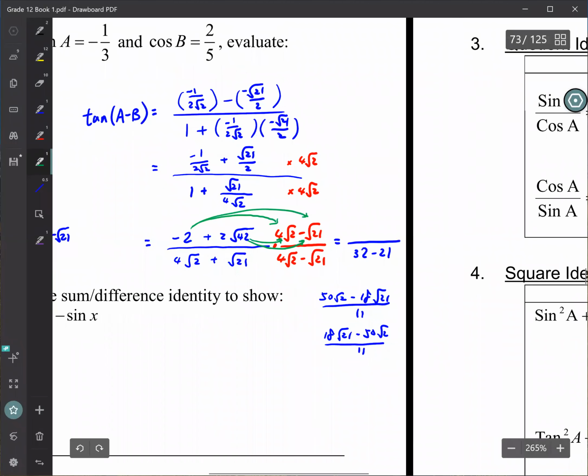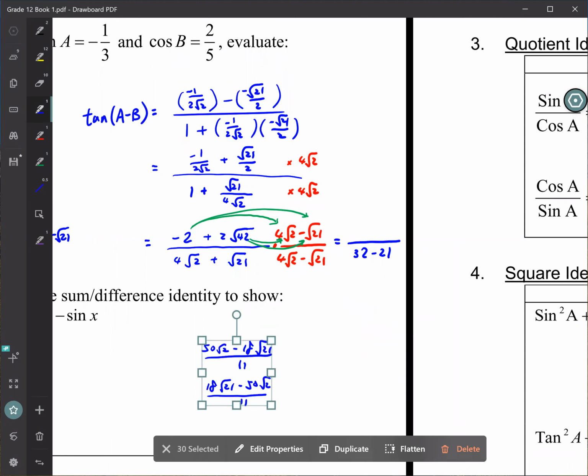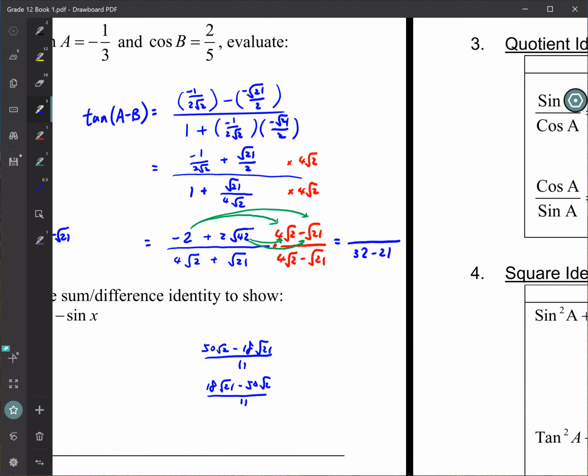Okay, let me take your answer, move it down a bit. So that will be negative 8 root 2, and then plus 2 root 21, and then plus 8 root 84, right?